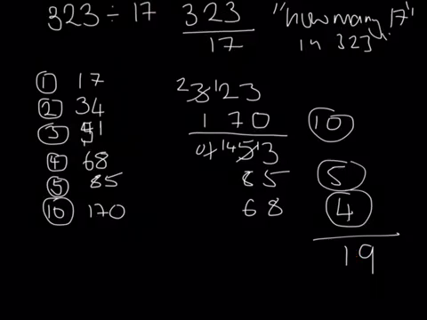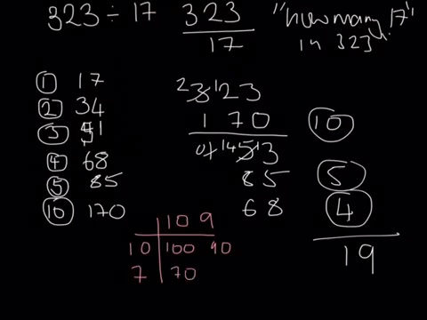We could check it if you wanted to. Yeah, why not? Let's do a little check. Here we go. We think that 19 times 17 is going to be 323. 10 times 10 is 100. 10 times 9 is 90. 10 times 7 is 70. 7 times 9, 63.